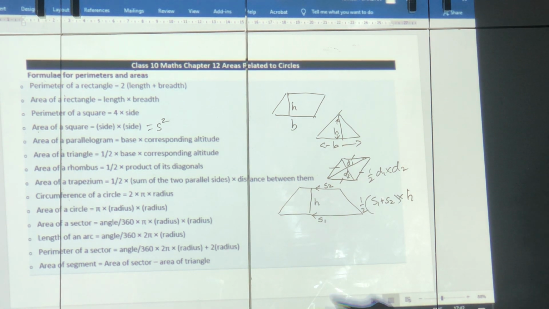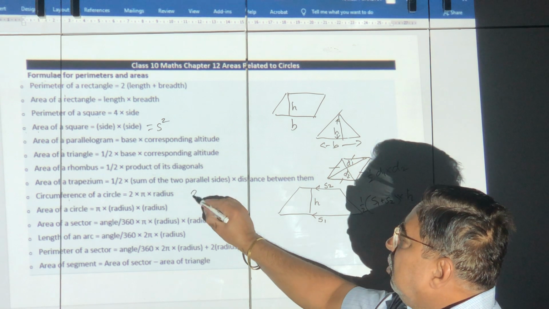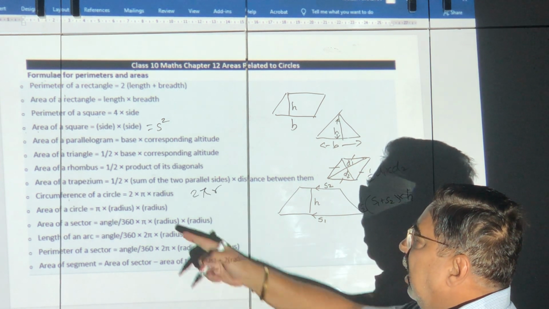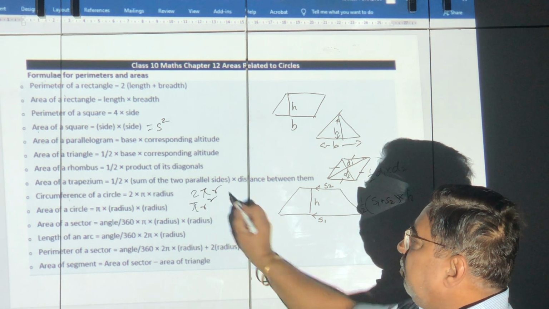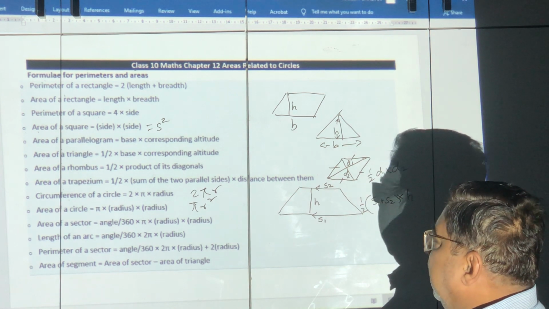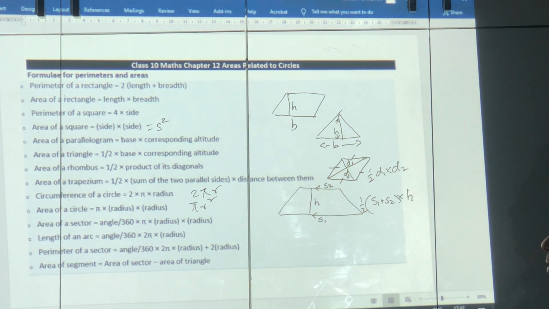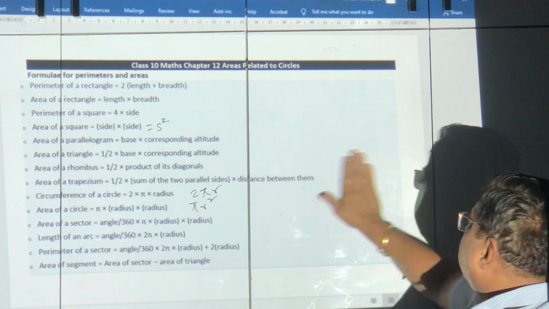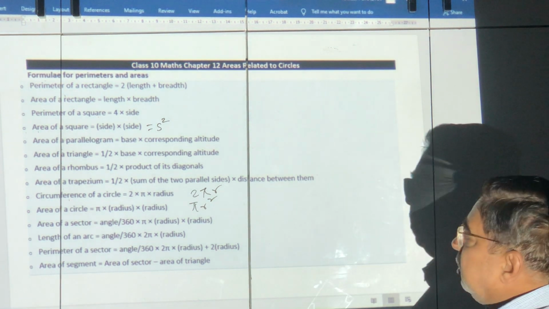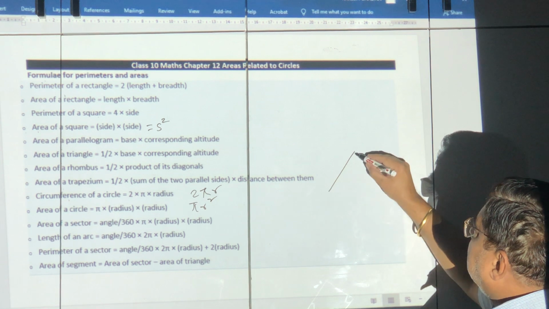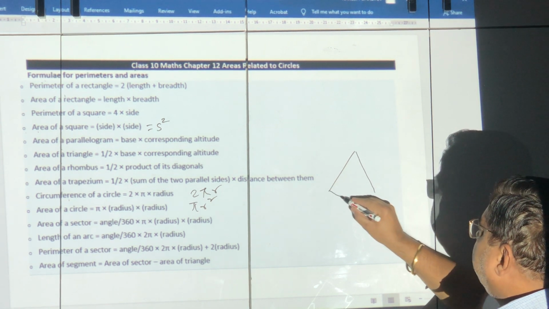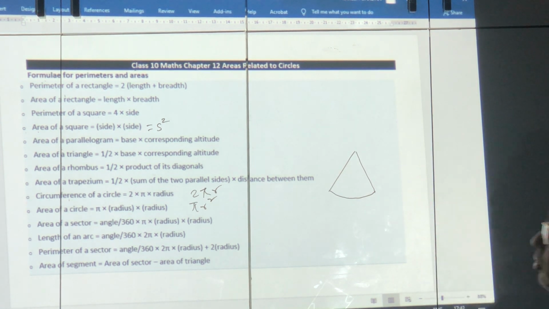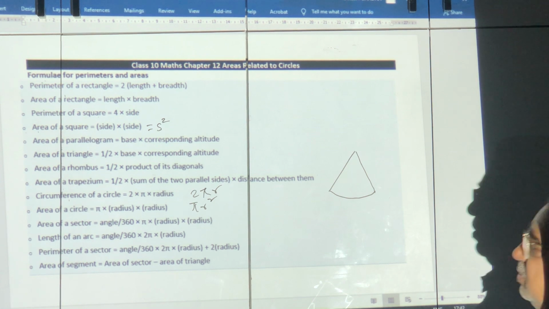Circle, you know, circumference 2 pi r, famous. And area, pi r square, very famous. Then we come to sector and arc. Let me show you how. Sector, my friends, is the piece of pizza you eat from Domino's. So this is a sector, part of a circle.